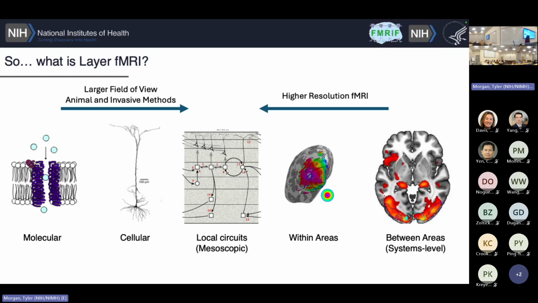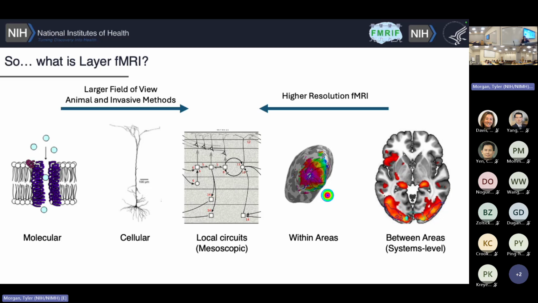At the other end, a lot of us come from the fMRI world or the MRI world in general, and that really starts at the macro scale. So you're looking at networks, you're looking at individuals as their entire brain is doing something, or within areas they're doing something, and we're working our way backwards. So we're working our way to more and more detail.